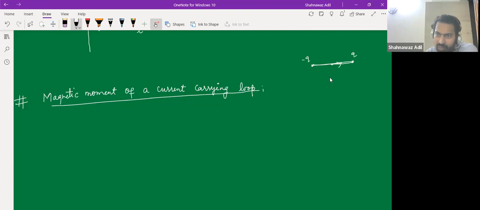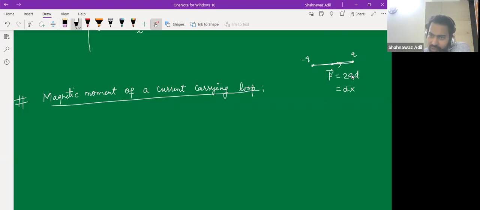What was this dipole moment? It was 2aq, which was the separation between the two charges times the charge.